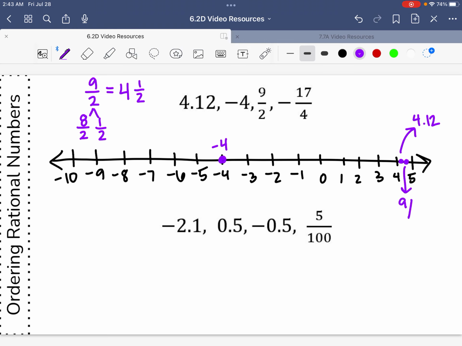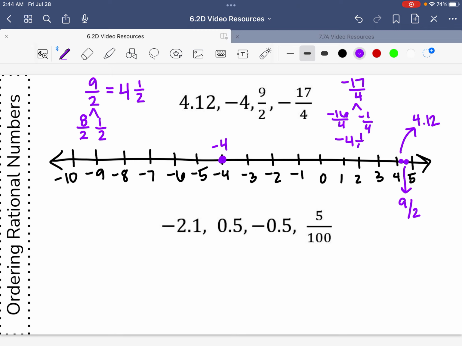I'm going to rewrite the number in the form that it was given to me. So that is 9 halves. And then I have -17 fourths. So with this fraction, I'm going to do the same thing that I did with 9 halves. And I'm going to decompose it. I know that -17 fourths will decompose into -16 fourths with an extra negative fourth.